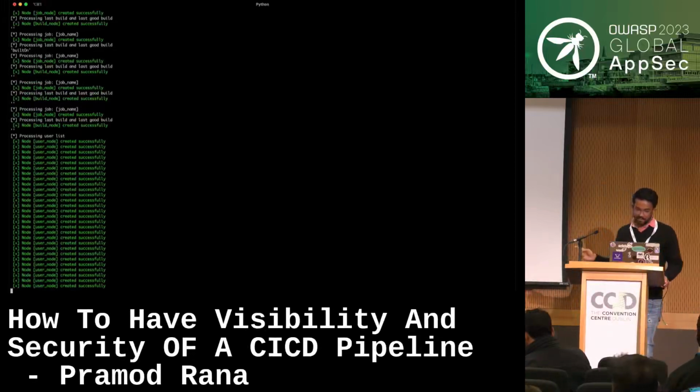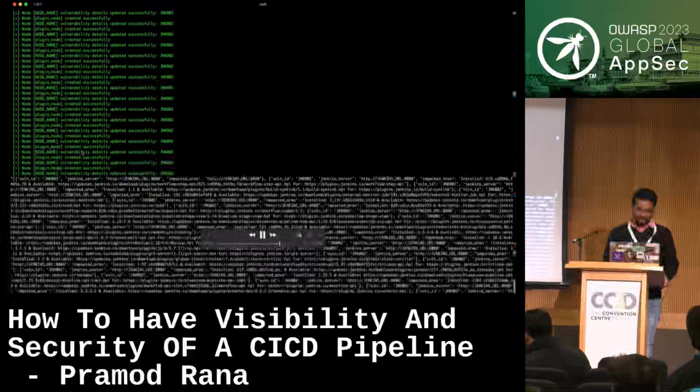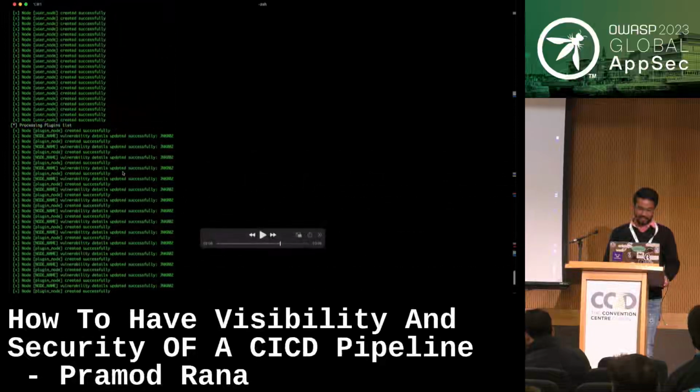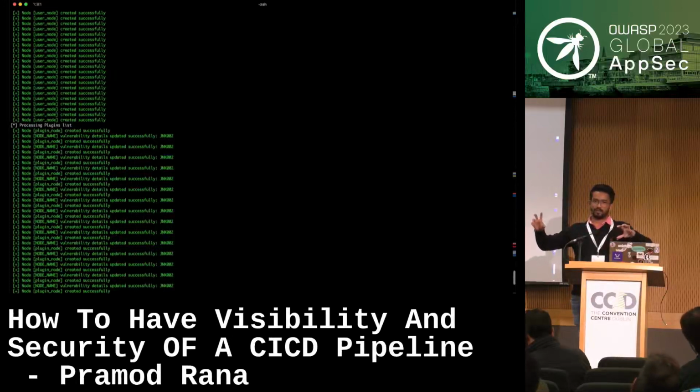Since it's processing a lot of users, that's the reason it's taking time to execute the process. Now again, the output is in JSON and in a different way. As you can see in the code, it processed all the plugins of the Jenkins server. So the practical use case here is, for example, like I said, you have 3 Jenkins servers. In those 3 Jenkins servers, you have, let's say, 10 plugins.